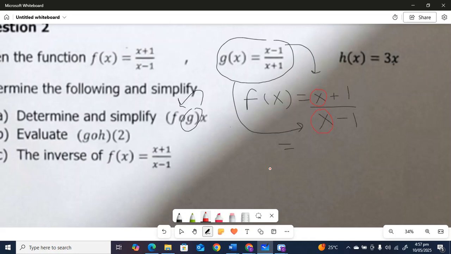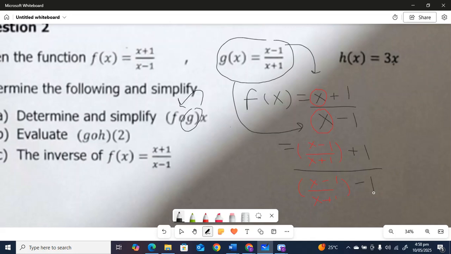So we're going to put x minus 1 over x plus 1, plus 1, over x minus 1 over x plus 1, minus 1.